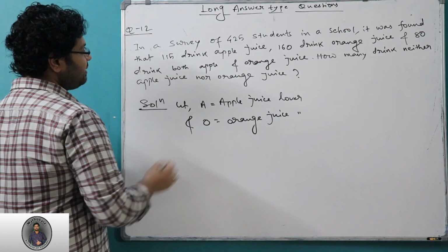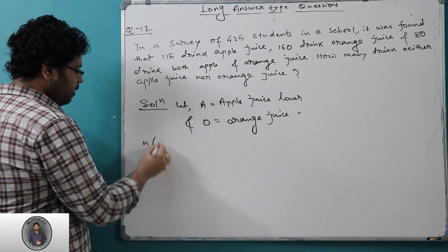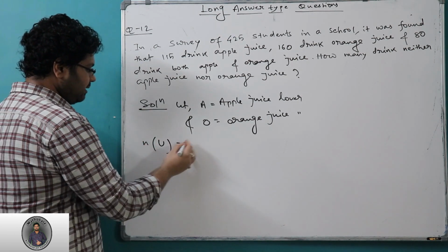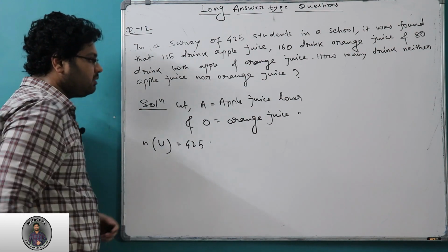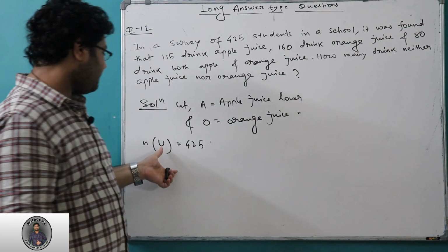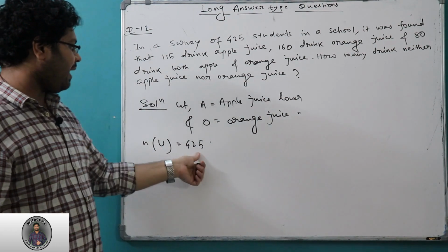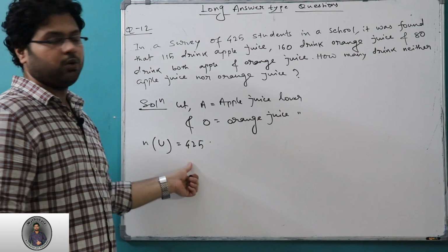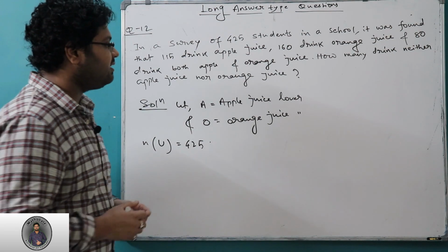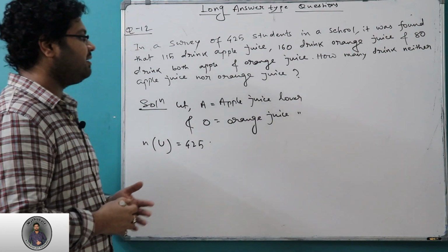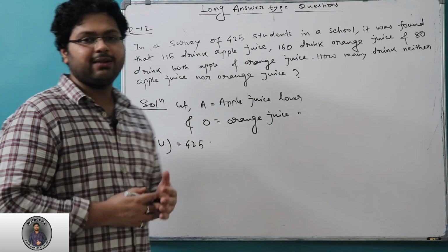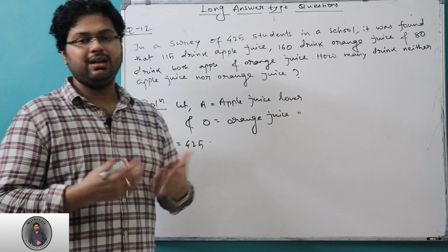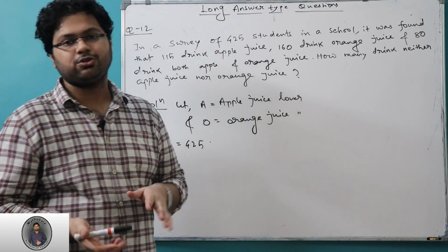So now it is given in that question that n of U, that is the universal set, is 425. Now the question: why am I writing here n of U as 425 instead of A union O? Because in that question it is not mentioned that out of these 425 students everyone will like either apple juice or orange juice.